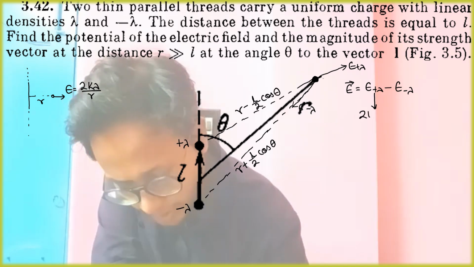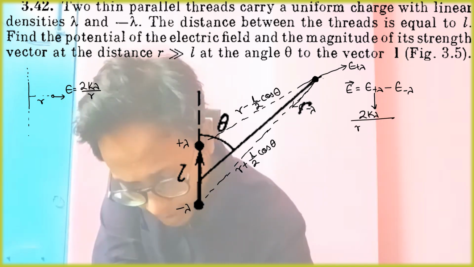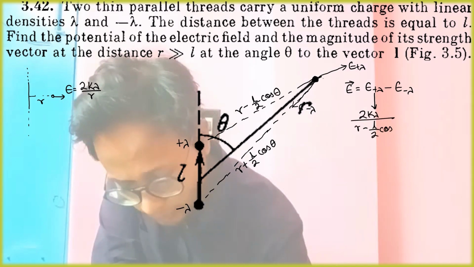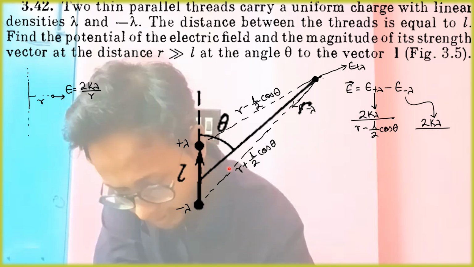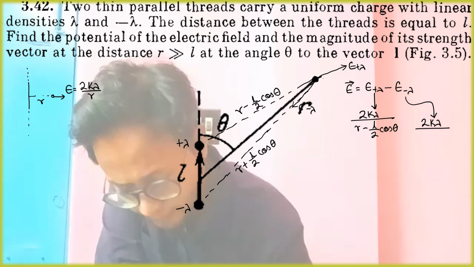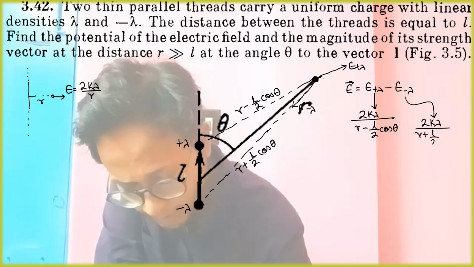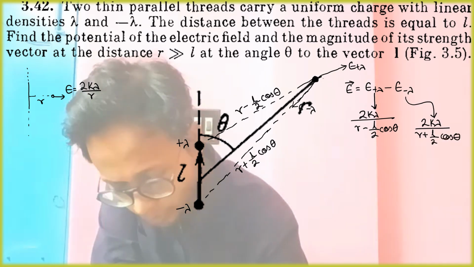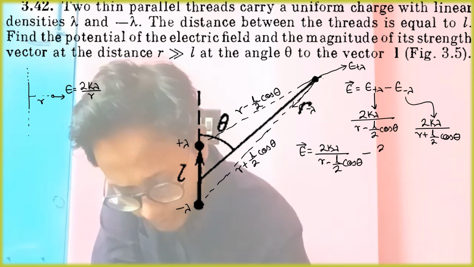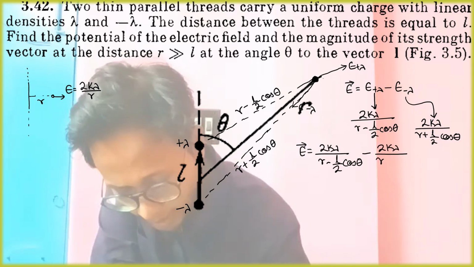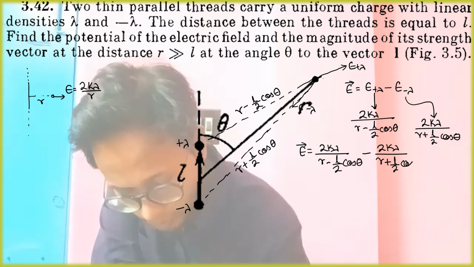So 2k lambda by r minus L by 2 cos theta. This electric field is nothing but 2k lambda by this distance, but this distance is nothing but r plus L by 2 cos theta. The total electric field at this point is nothing but 2k lambda by r minus L by 2 cos theta, minus 2k lambda by r plus L by 2 cos theta.